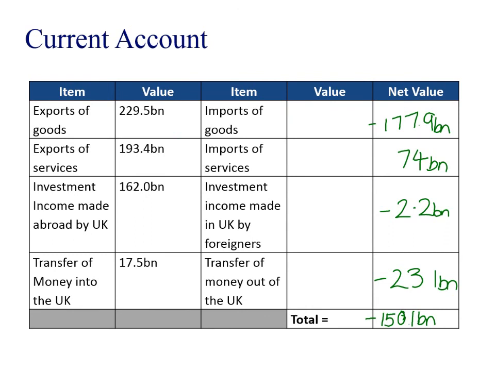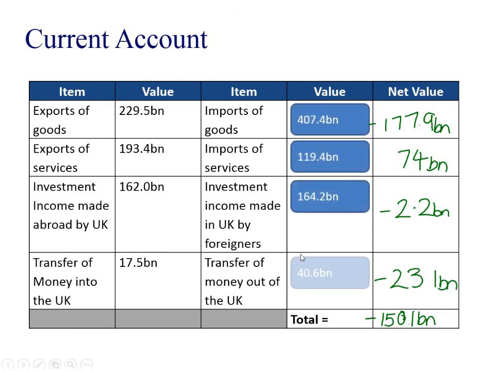So this is old data, but this is what it adds up to. We've got a minus figure on exports of goods minus imports of goods. And we've got a positive figure for exports of services minus imports of services, so we're doing pretty well on those.